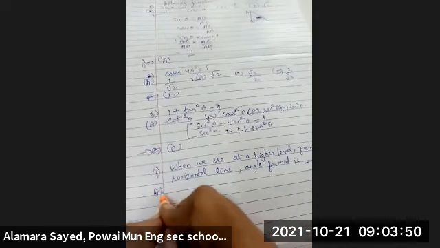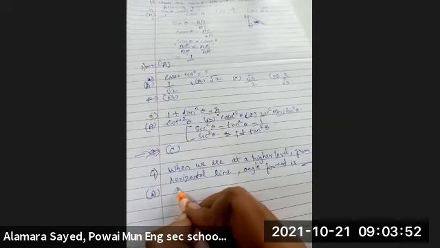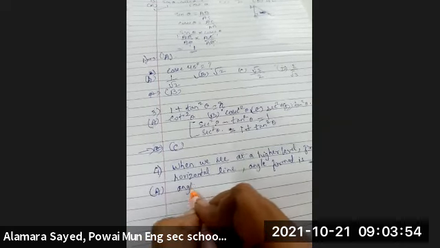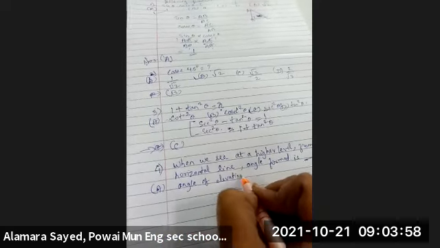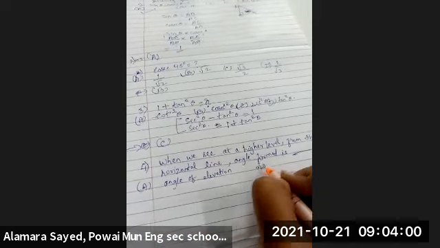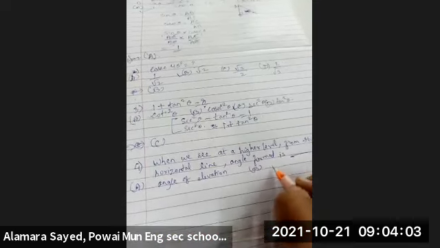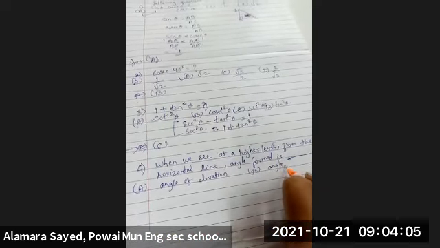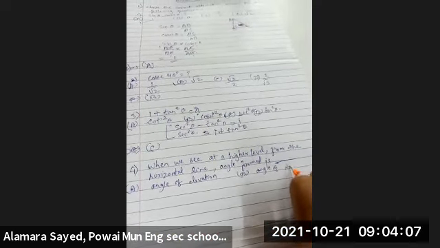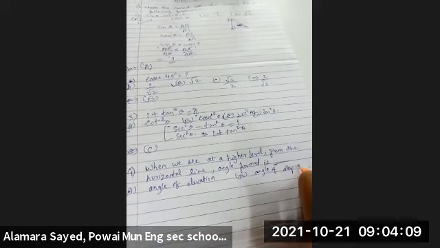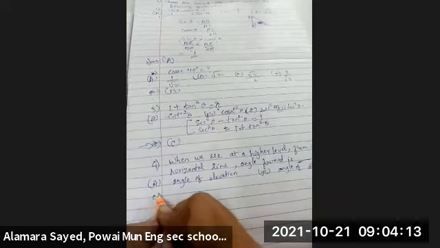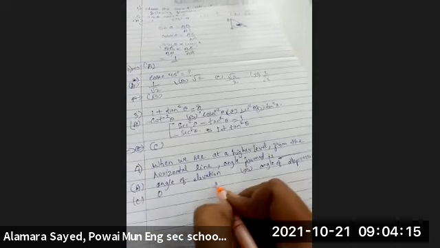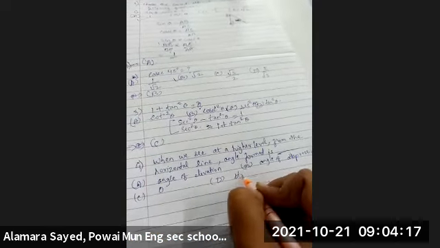A, angle of elevation; B, angle of depression; C, 0; and D, straight line.